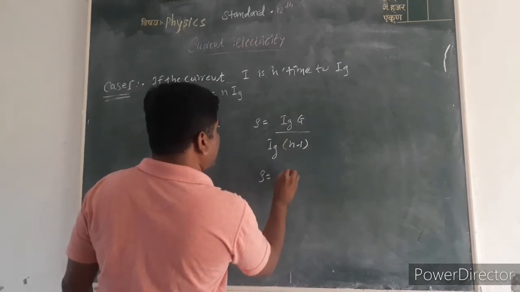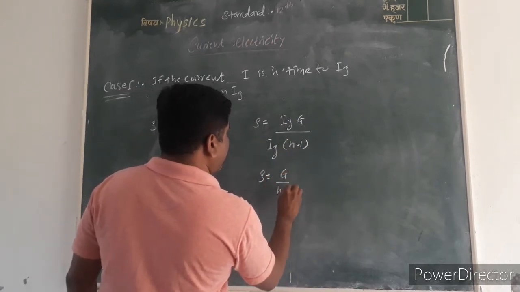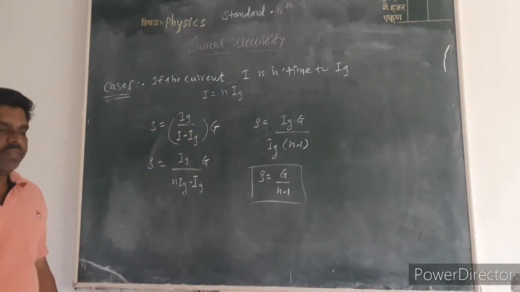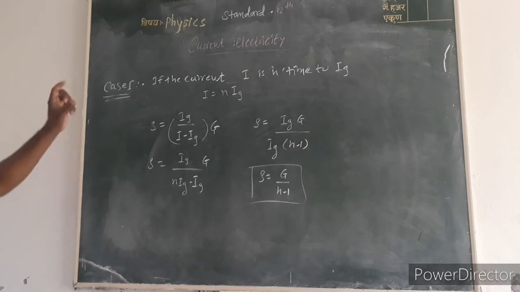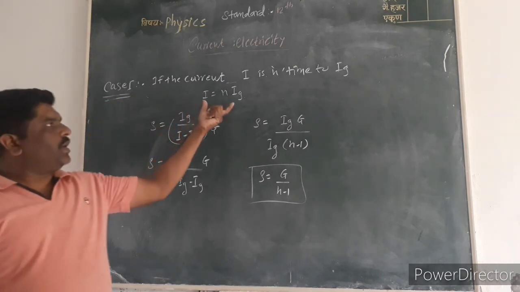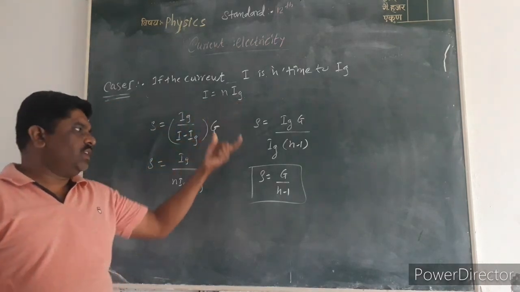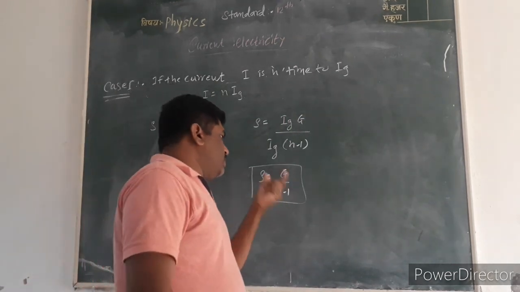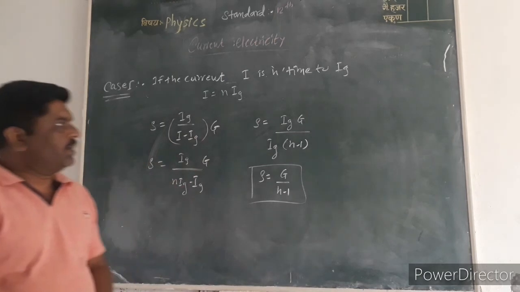S is equal to G upon n minus 1. You see, in the first case, if we put I equal to n times Ig, we get shunt resistance S equal to G upon n minus 1.